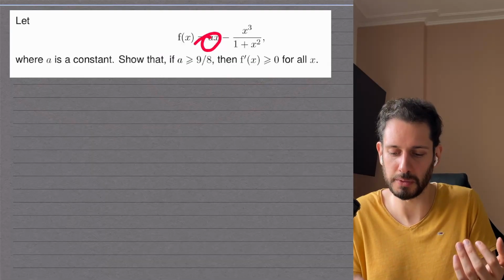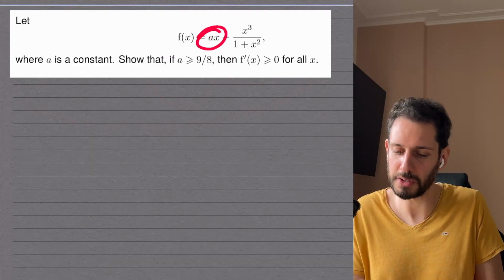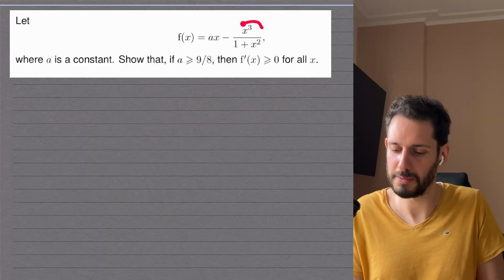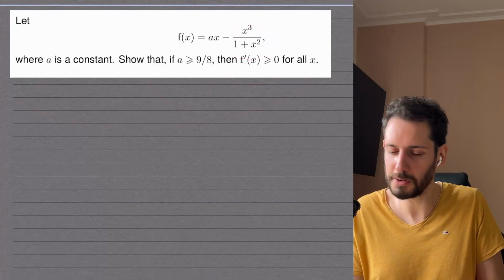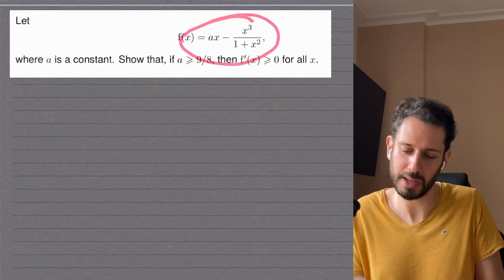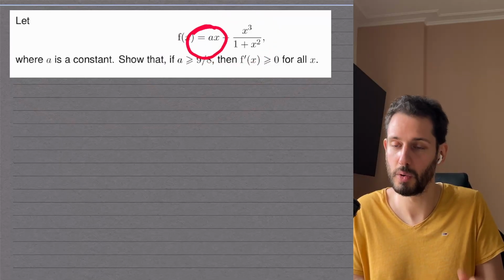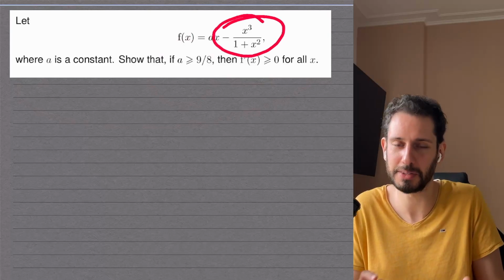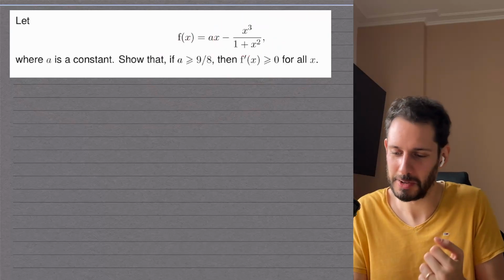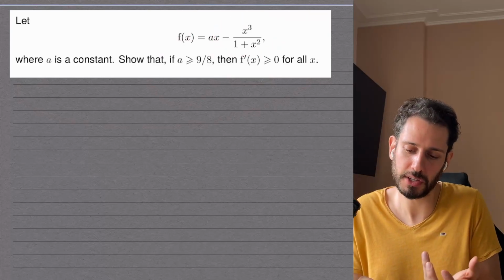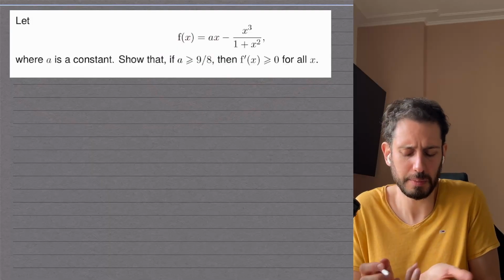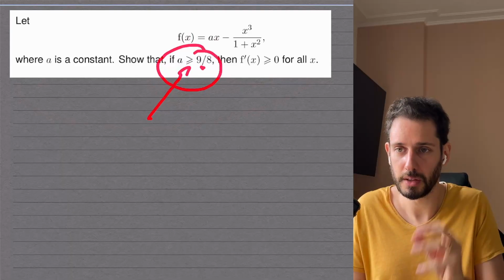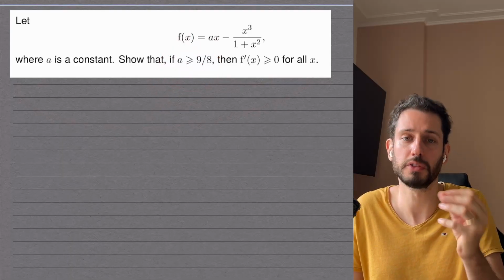The idea is, okay, we have an increasing function ax, given that a is positive, we have this other thing that might be decreasing, and so at some point when a is big enough, this wins in terms of the function being increasing, and this cannot take it down too much. Okay, that's the intuition. So the calculation might be weird, so we might have to go through a lot of calculations and check why this is the key threshold value.